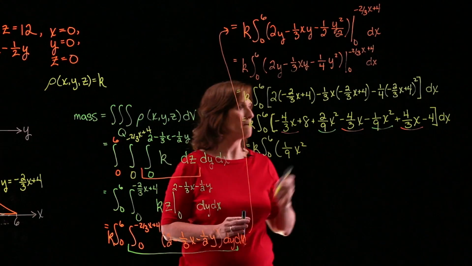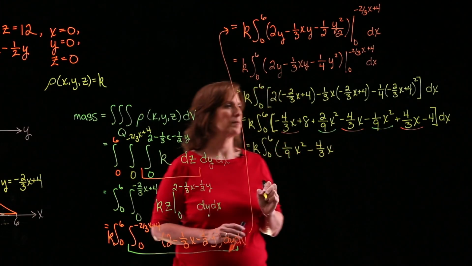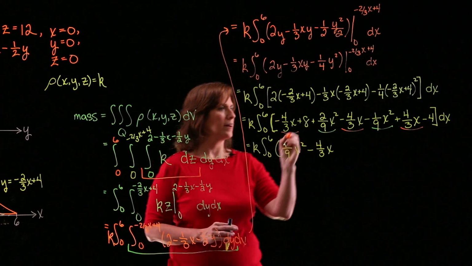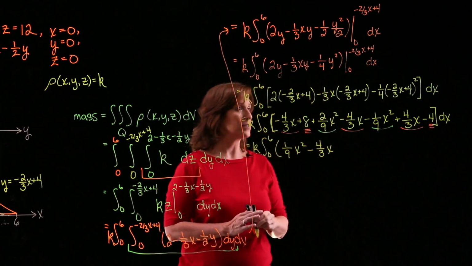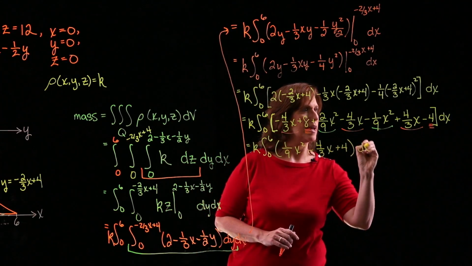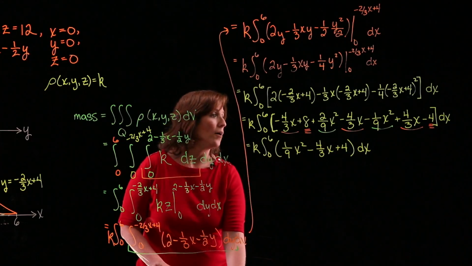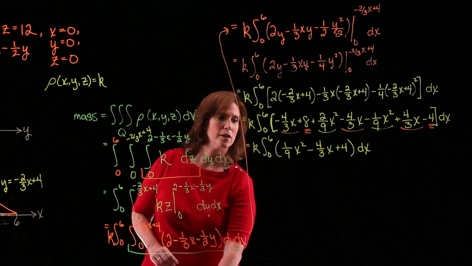That's going to give me a minus 4/3 x. And then I have an 8 and a minus 4. And so that's going to give me a plus 4 dx. Okay, I'm all simplified, so I'm ready for the next piece of the integration problem.